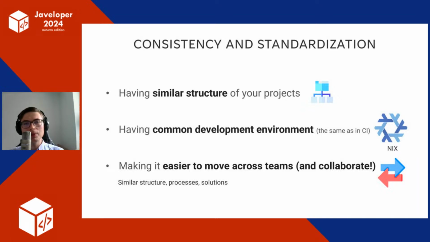So it's easier because you won't have to debug that something happens differently in the CI than on your local machine, and also between developers they will have the same toolchains, the same tools. So there won't be any divergence there, and you won't have to debug any difference between the toolchains.